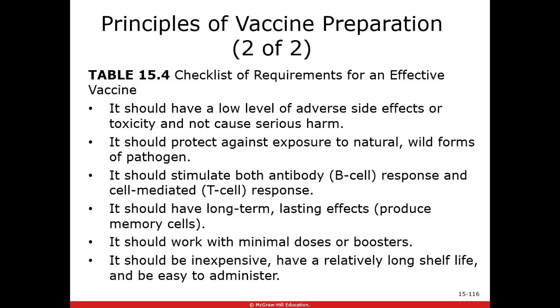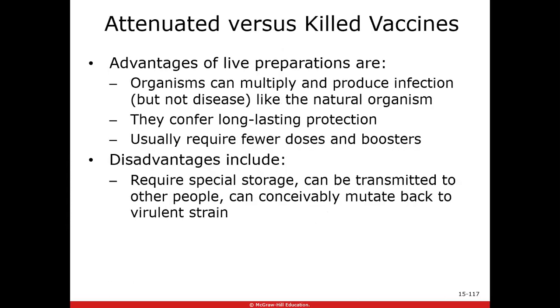The B cell response is the antibody response, and the cell mediated response is T cell. It should have long term lasting effects, like producing the memory cells. It should work with minimal doses of boosters, and it should be inexpensive, have a relatively long shelf life, and be easy to administer.